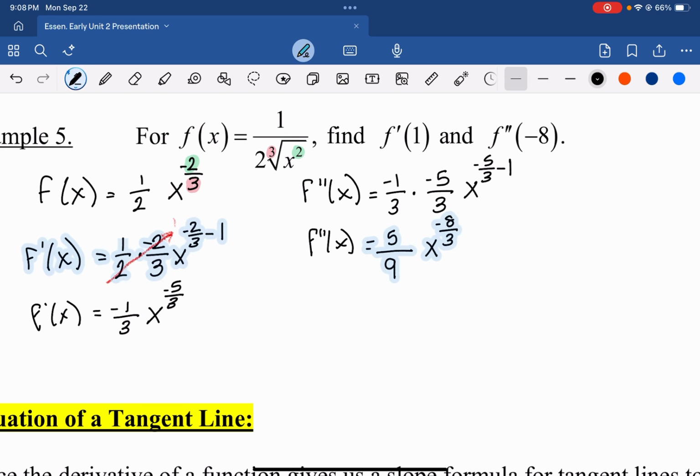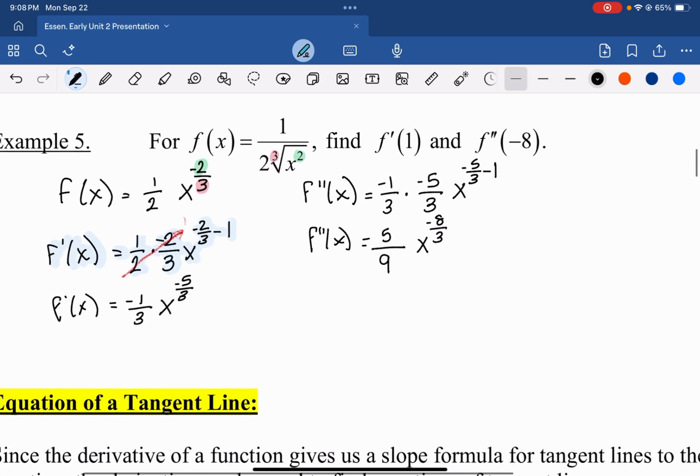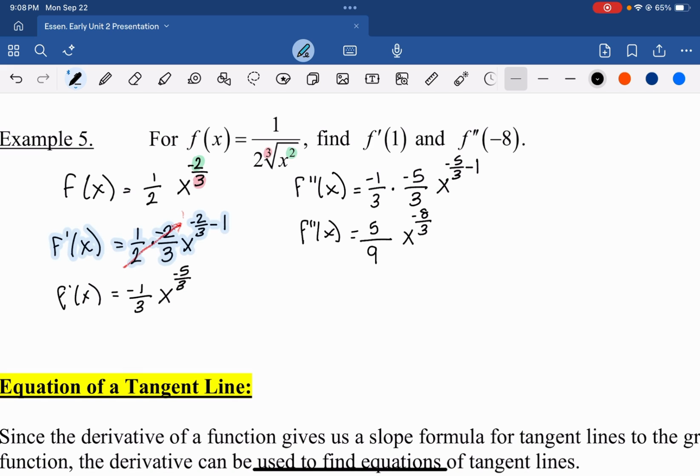Okay, so we found our derivatives, our first derivative and our second derivative. And now it wants us to plug in values. So f prime of 1 is going to equal negative 1/3 times 1 to the negative 5/3.